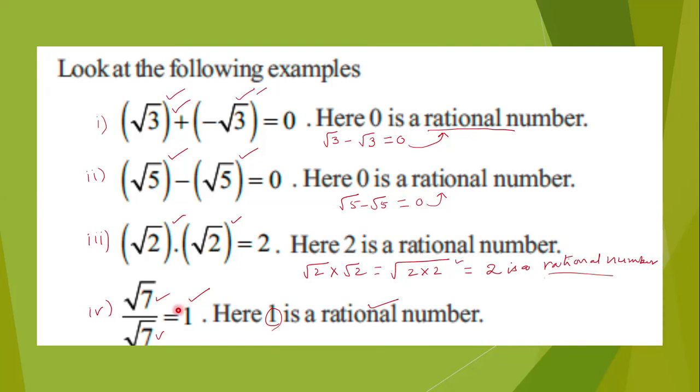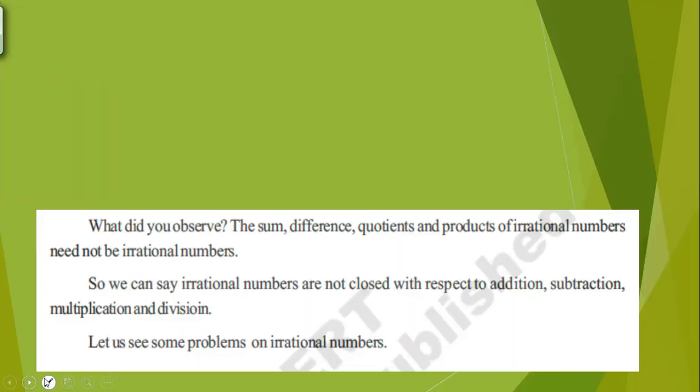That means what we observe here: the sum, the difference meaning subtraction, the quotient in division, and the product in multiplication of irrational numbers need not be an irrational.